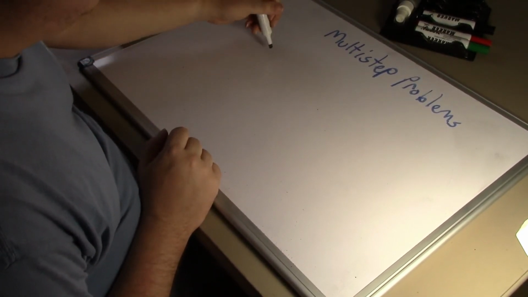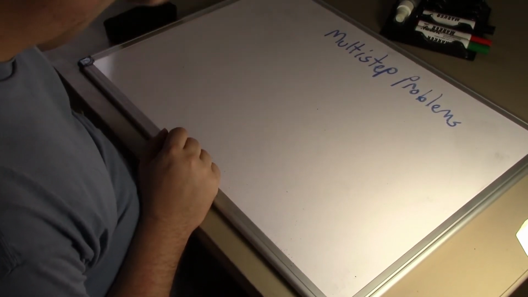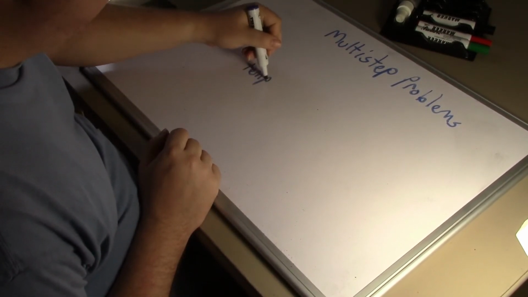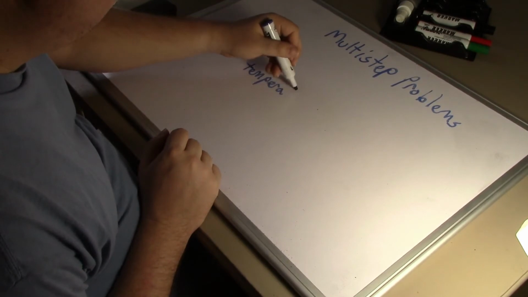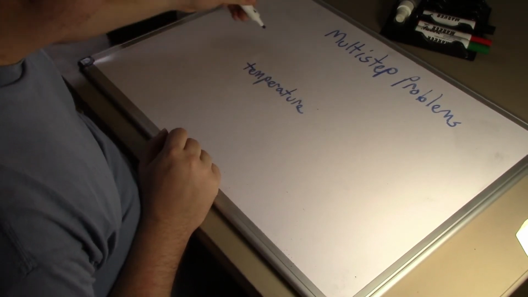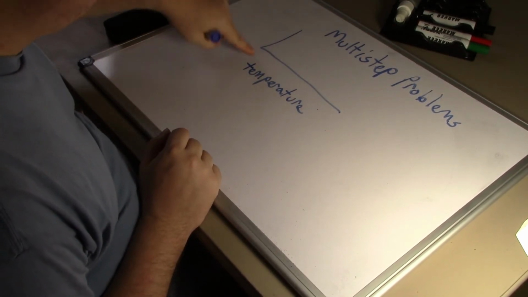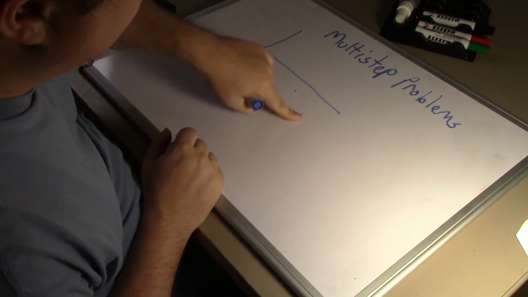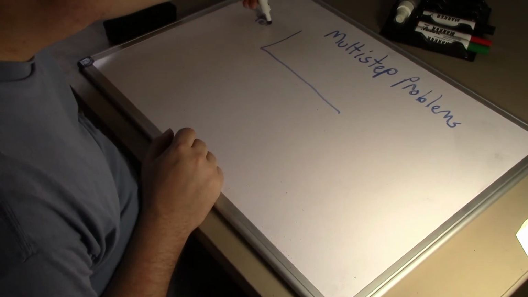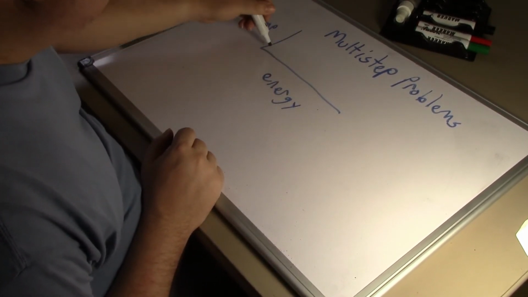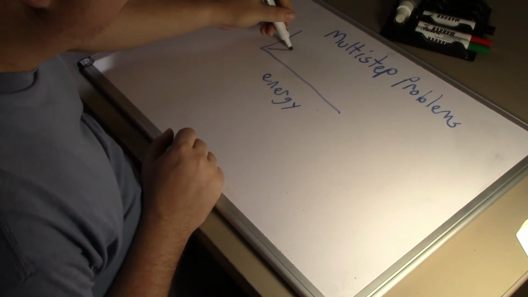The graph of it's going to look like this, right? If this is, oh, this isn't temperature. This is temp versus energy, right? It's going to look kind of like this.